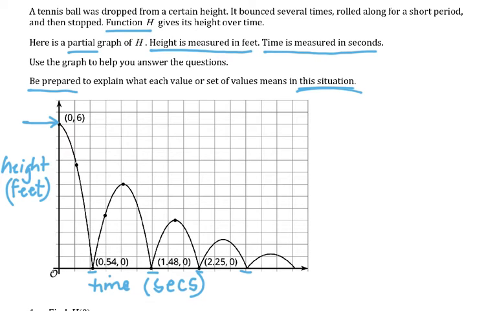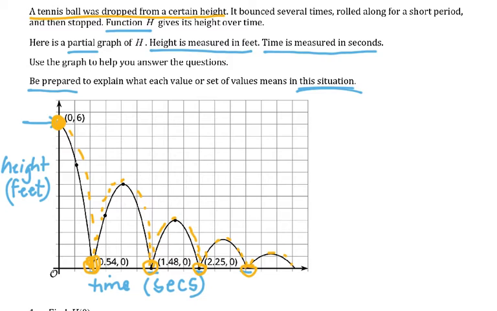So what do I know? Let's just talk about what I absolutely know. Well, I know that we are talking about a tennis ball that was dropped from a certain height. So here it is right here. I'm going to pretend that I've dropped this ball and the ball follows along this path, bounces right here, follows along the path, comes back down, bounces again, back down, bounces, keeps going, bounces.